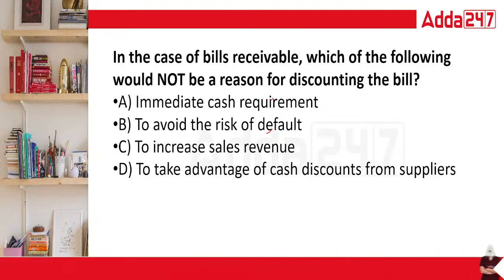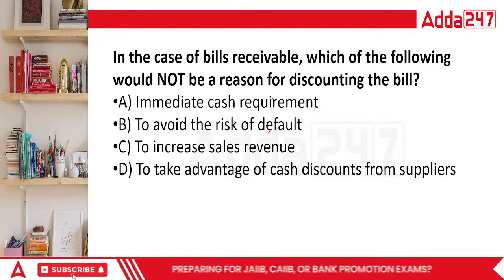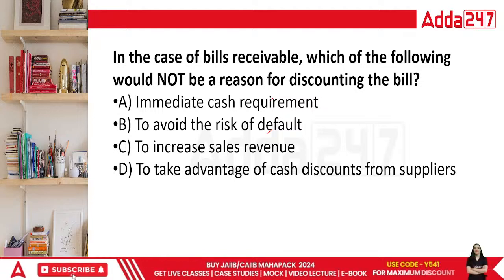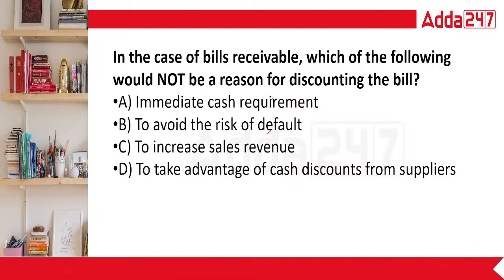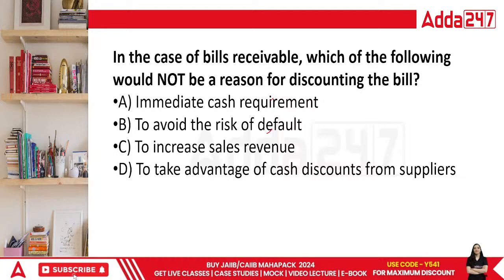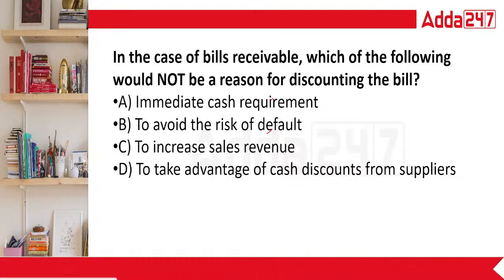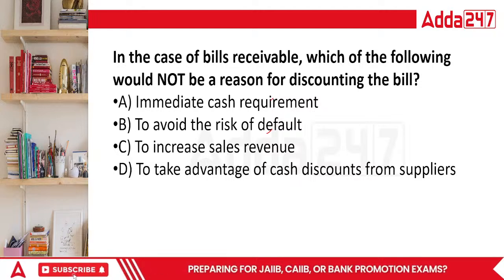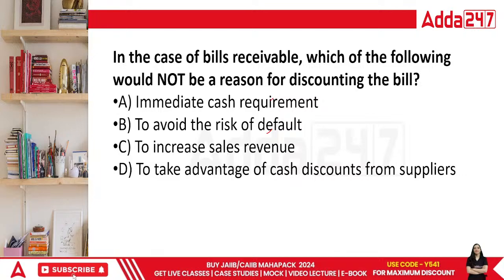It is to avoid the risk of default. What if the other party doesn't pay? If it has been shifted to the banks or any other organization, then you don't really have to worry. If you go for sans recourse, you say that whatever amount the particular person pays, this is the one lump sum amount that I would like to have. They'll take their lump sum amounts and they'll start their businesses, right?